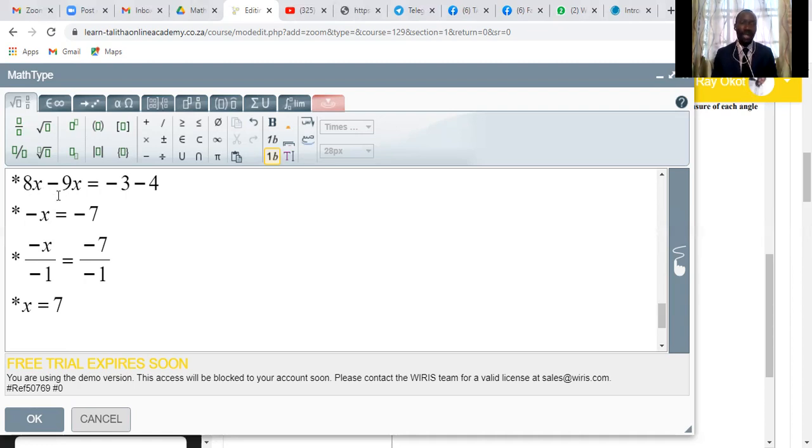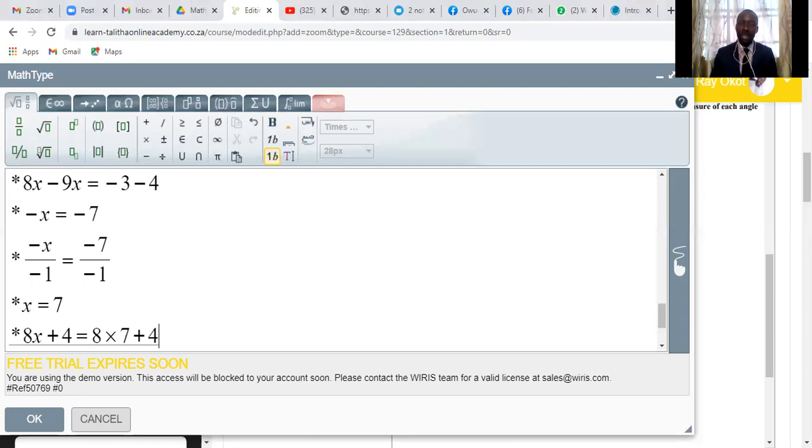Yes. Now, the question that we are supposed to handle is that we have to find the value of 8x plus 4. So we then say 8x plus 4 is 8 times x. What is the value of x? Well, times 7. What is that going to be?